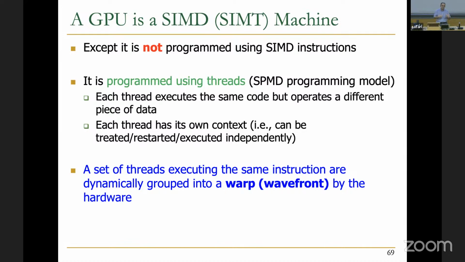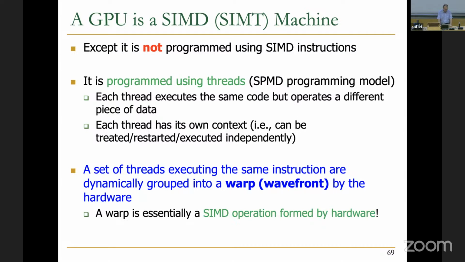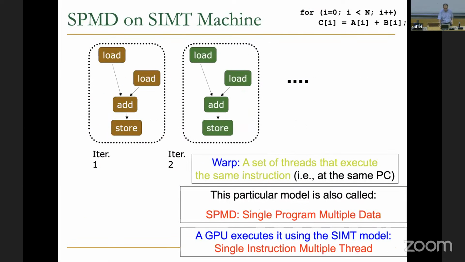But dynamically, when your application is running on the system, the hardware groups the threads that are running the same instructions into a structure called a warp. This is the beauty of a GPU, that the programmer does not need to deal with vector lengths and those things. Everything is handled by the hardware. And a warp is essentially a SIMD operation formed by hardware, which is nice.